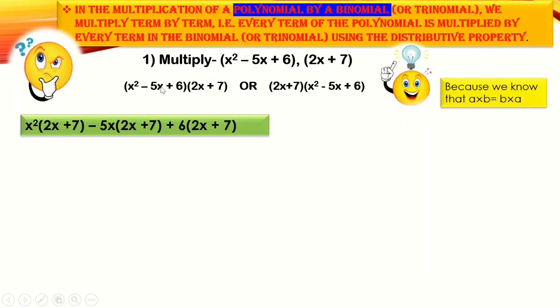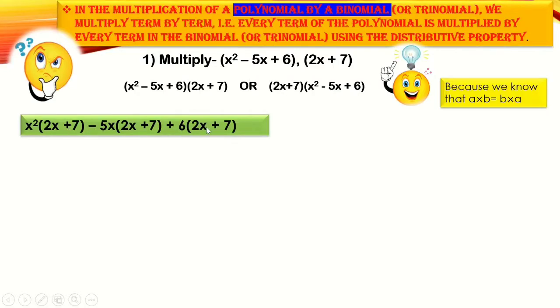So when we are multiplying it like this, x square is getting multiplied with each and every term of the second given polynomial. So x square into 2x plus 7, then minus 5x into 2x plus 7, then plus 6 into 2x plus 7.